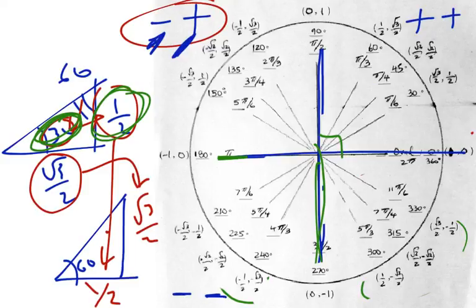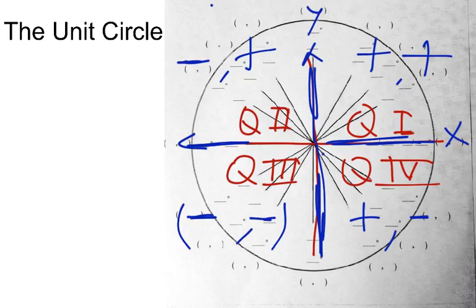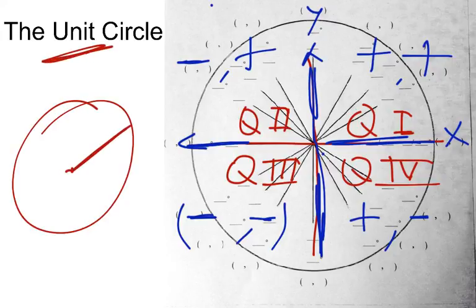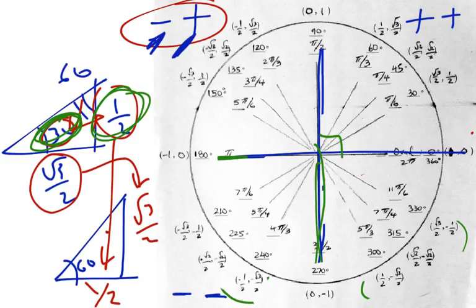Really quick, we are talking about the unit circle. Therefore, my circle has a radius equal to 1. Okay, so if my radius equals 1, that means from the origin, from the center of the circle to the circle itself, that's equal to 1.